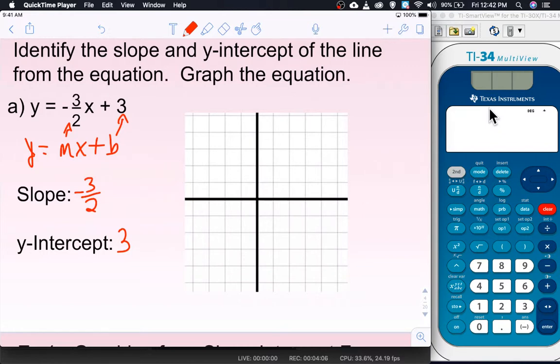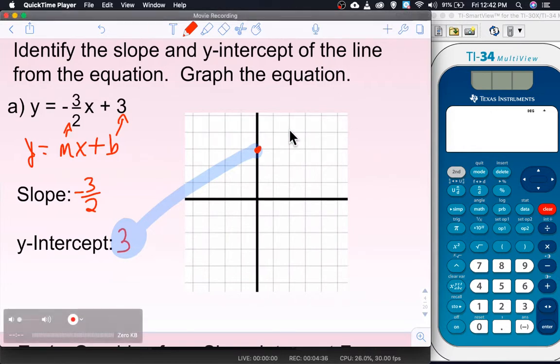Now, to graph that line, the first thing we do is we put a dot where our line crosses the y-axis. We need a starting place. So I'm going to put a dot at 3 on the y-axis, right there. That is my first point. And that's always going to be our first point when we are graphing an equation from slope-intercept form. We put a dot first on the y-axis.